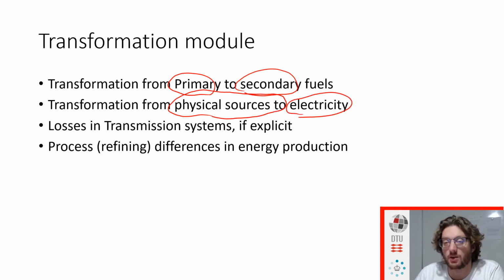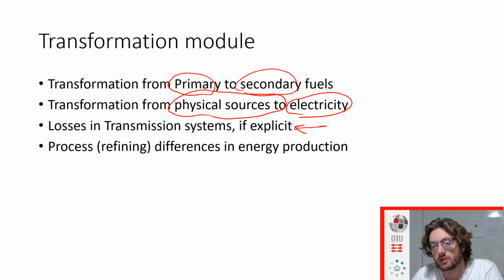So that is where your electricity sector lies. The same thing with your district heating sector if you have that in your system. It also describes your losses in your transmission system. So if you have transmission and distribution of either gas or oil pipelining, or for that matter the electricity grid, that's also where you put it.